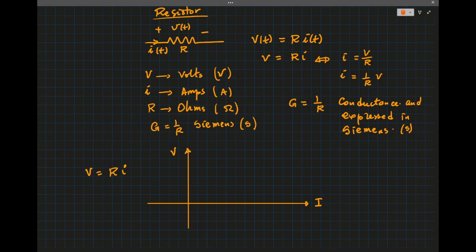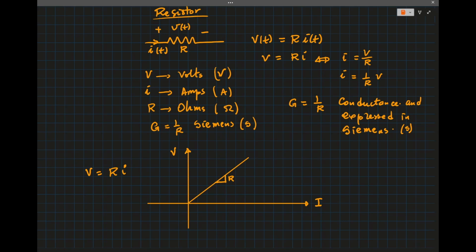We know that v equals R i, so it's a linear equation with slope R, so I get a line like this, and the slope of this is R.